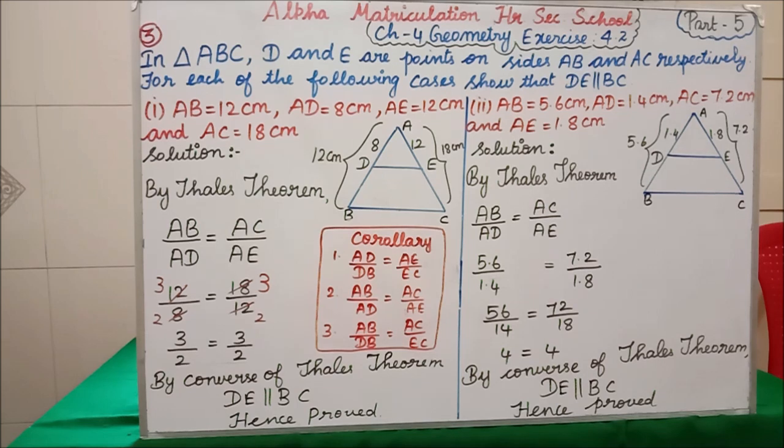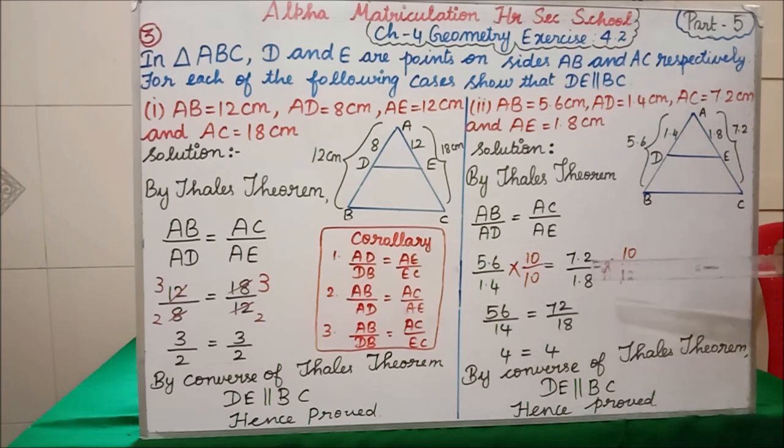Now I am going to multiply with 10 to the numerator as well as the denominator on both sides. Students, now 5.6 into 10, 1.4 into 10 equals 7.2 into 10, 1.8 into 10. So 5.6 into 10, what value will we get? 56.